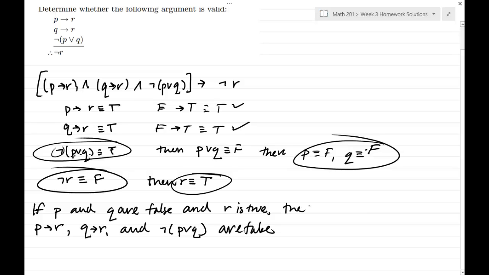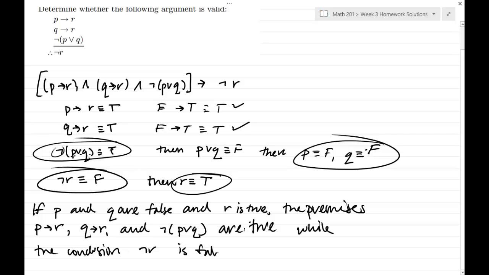The premises are true, while the conclusion, not R, is false. This shows the argument is invalid.